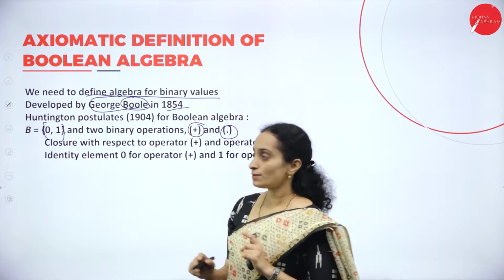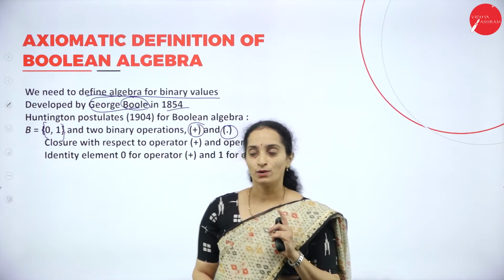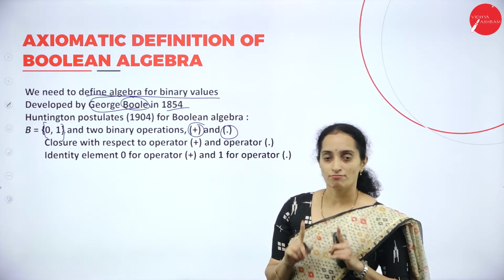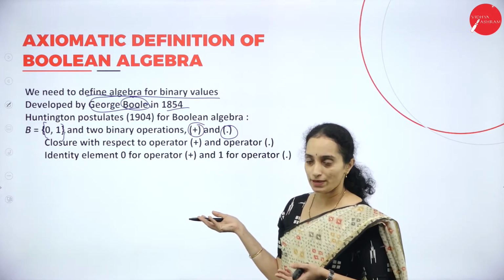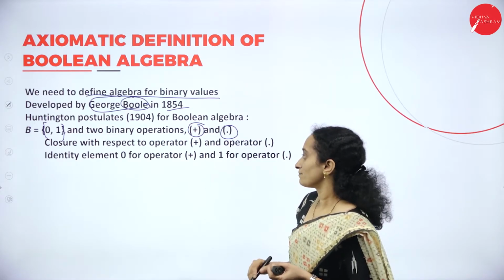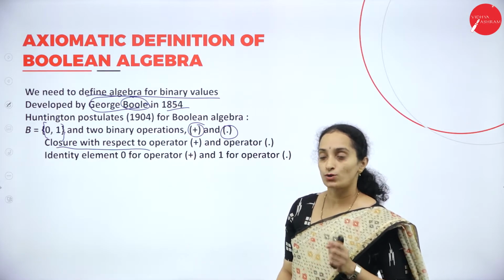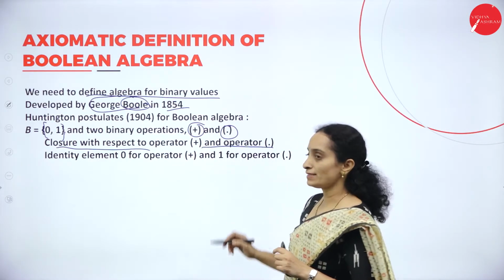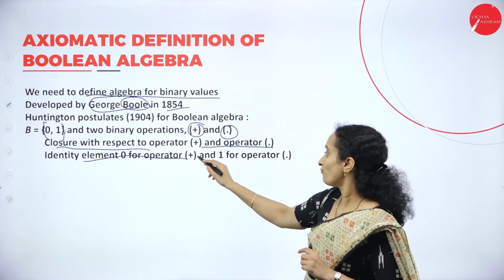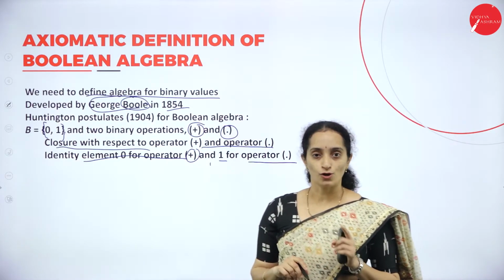So this Boolean set contains only two values, 0 and 1, and two binary operations, plus and multiplication, or the addition operator and the dot operator. Now we need to have the axioms for the closure law with respect to the plus and dot operators, and identity element 0 for the plus operator and 1 for the dot operator.